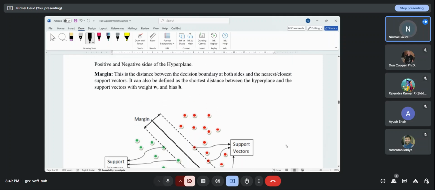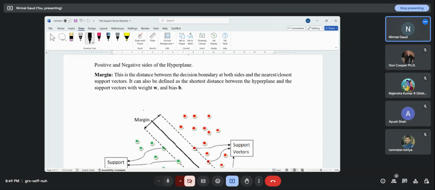In hyperplane, we do have margin also. Very important, margin. I will be marking it as important, margin, because it has been told to you that support vectors are helping us to have an optimal hyperplane.